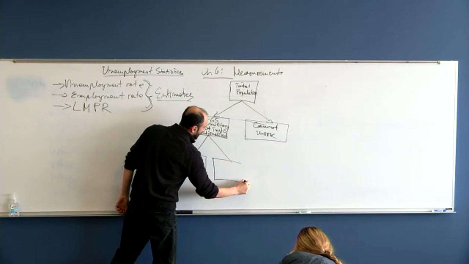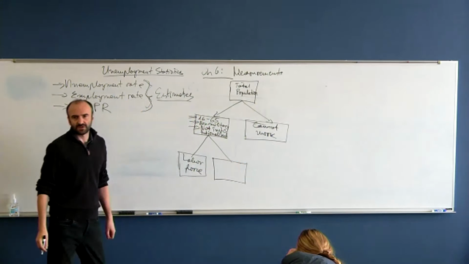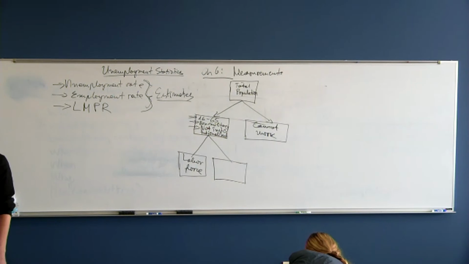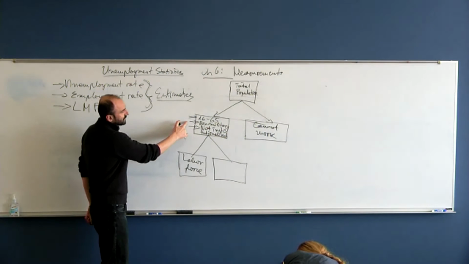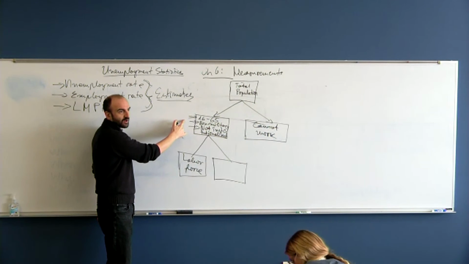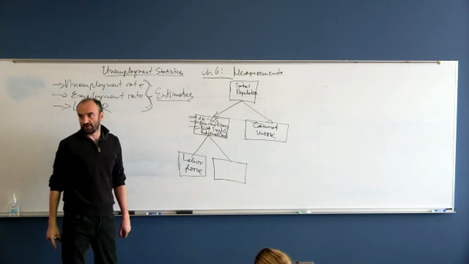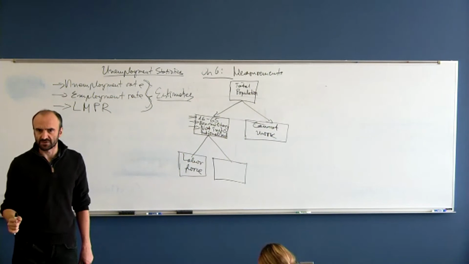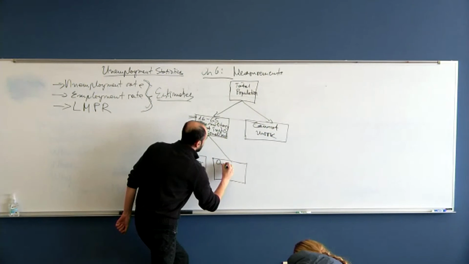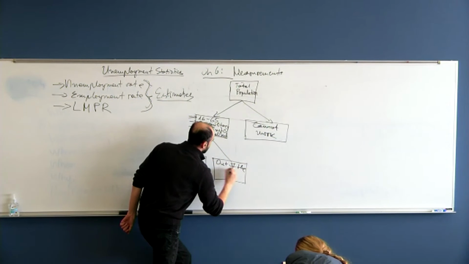And another one you can call by a different name: discouraged workers, or people who are outside of the labor market. They are part of the total civil population available for work, but they do not participate in the labor market. I'll explain in a second what it means to say that they are not participating in the labor market. So they're out of the labor market.